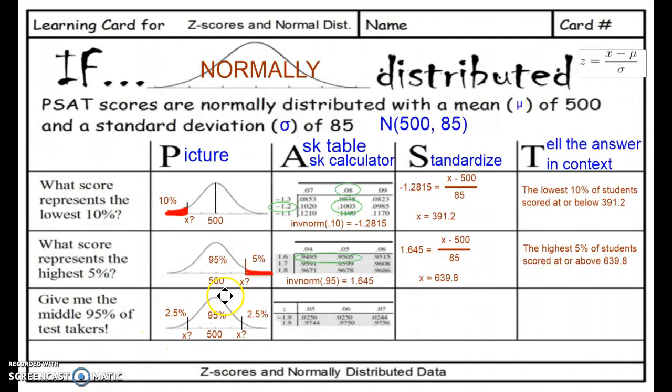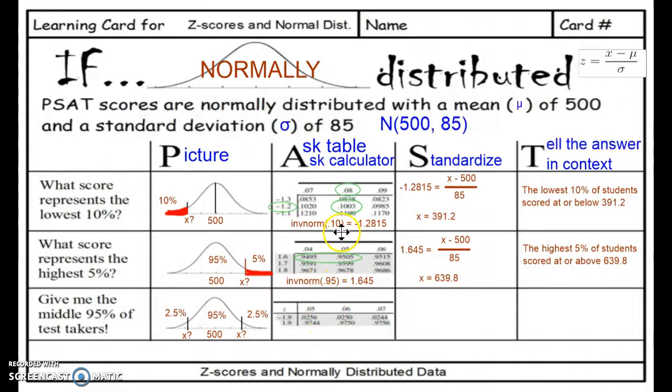If the area under the curve is 100% and 95% is in the middle, that means 5% has to be in the sum of these two tails. So if I split that in half, because this is symmetric, that means 2.5% is in this tail and 2.5% is in this tail.